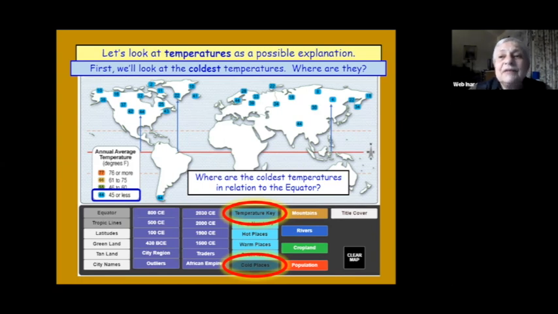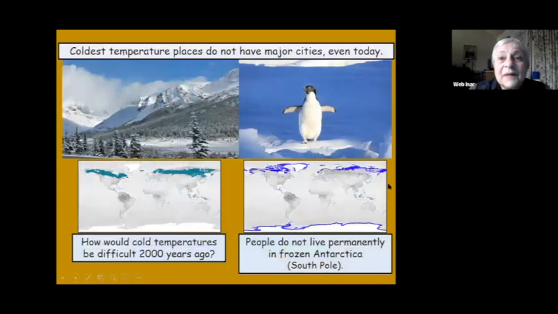I realized that when I was teaching in New York City in the inner city high school, that 10th and 12th graders had no concept about temperatures. What do we know about cold places? They are not even today places where you see large cities.